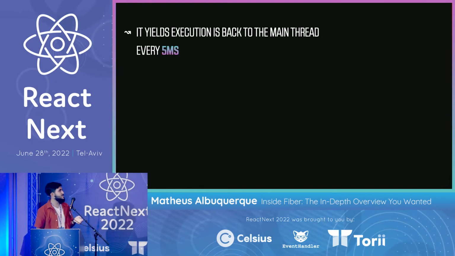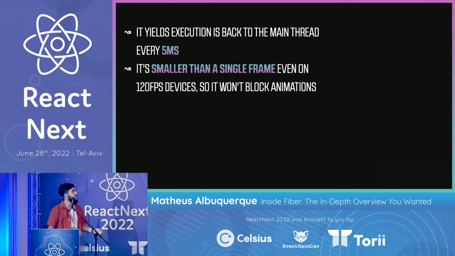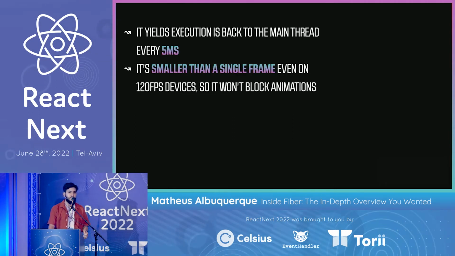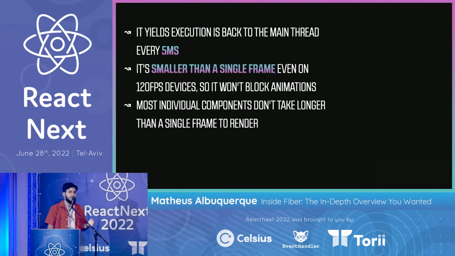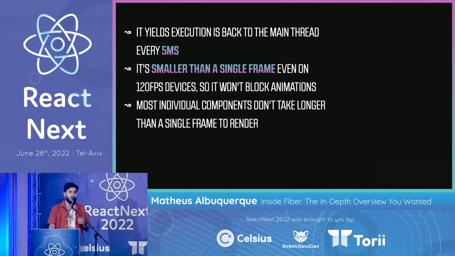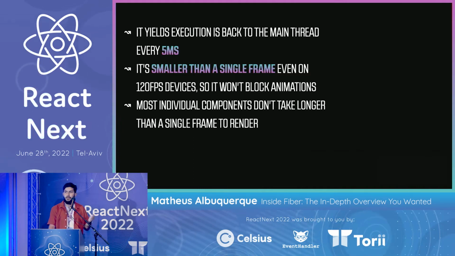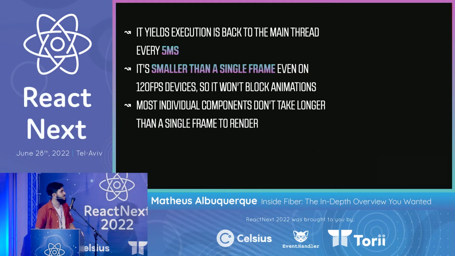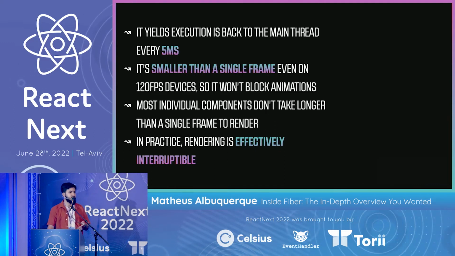This is not a magic number. It's just smaller than a single frame, even on 120 FPS devices. And most of our components don't take longer than that to render. It's not like we are iterating up to 1 million inside our components on a daily basis. So in practice, with React, rendering is interruptible.